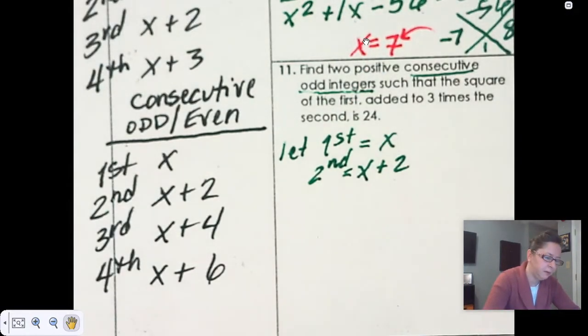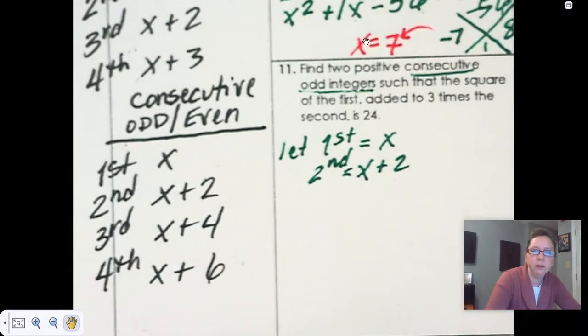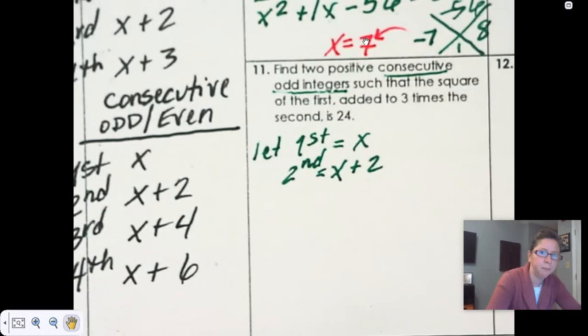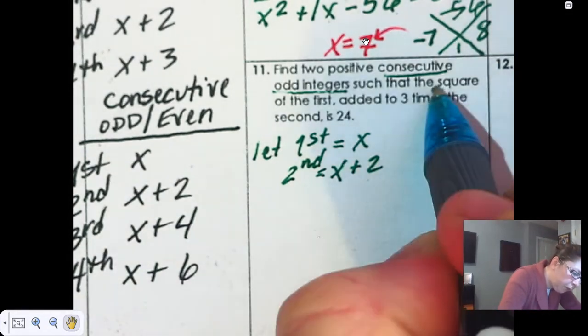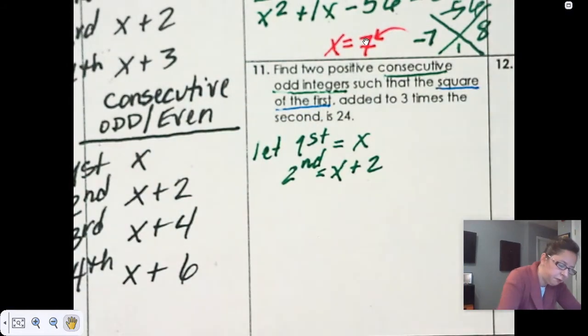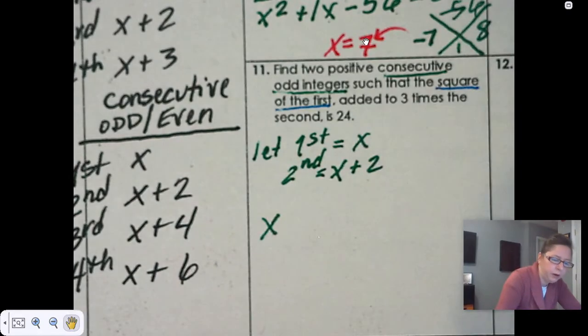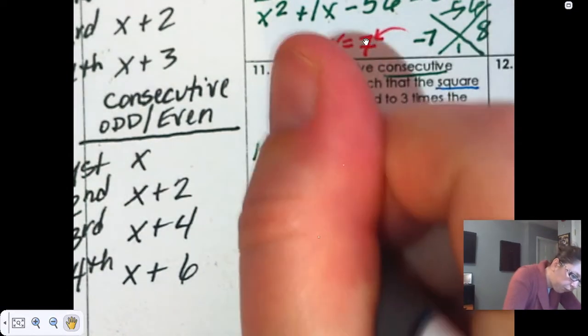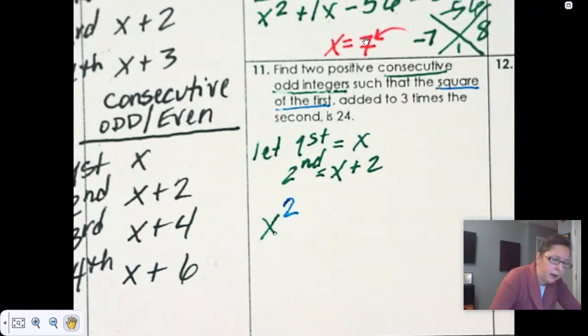And now I'm ready to set up the equation. So let's go through this very carefully. The square of the first number. So I'm going to take the first number, which is x, and then I'm going to square it. Okay.